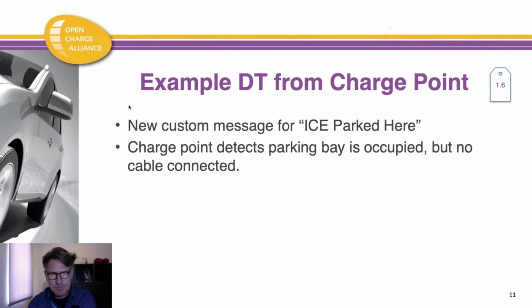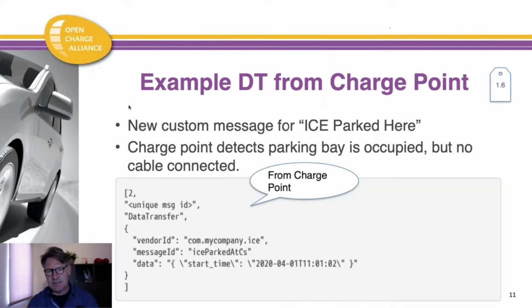If that occurs, then it sends a message to the central system with the vendor ID, my company ICE, the message ID ICE parked at CS, and the data string, which is in this case JSON formatted, which contains the start time when this is detected. Now this is exactly the data, how it's transferred over the line.